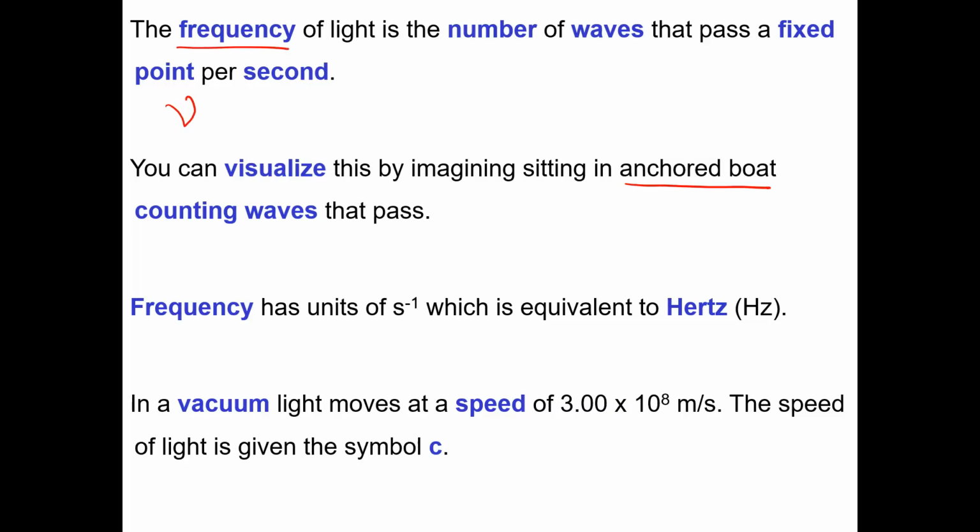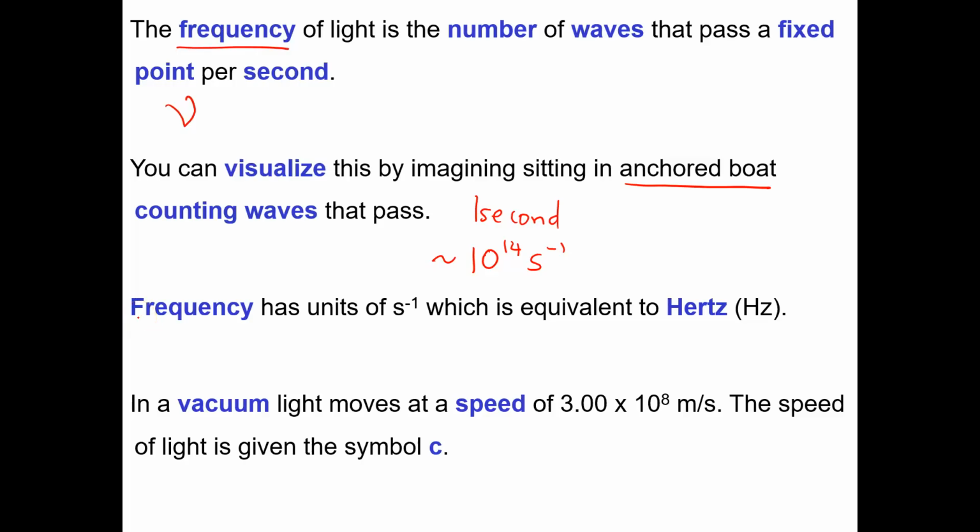Now, if you had a decent number of waves coming, you might get a wave like, I don't know, every 1 second, 1 wave a second. Well, light has really tiny wavelengths, and typically what we're going to be seeing is around about 10 to the 14 waves per second.